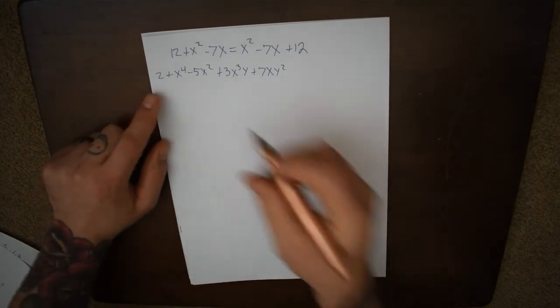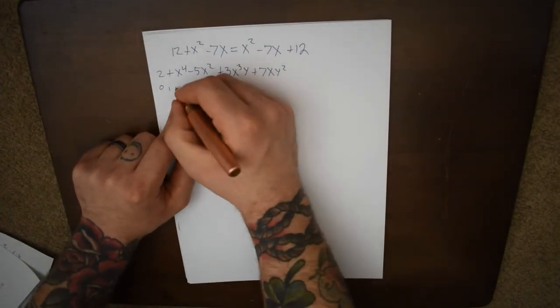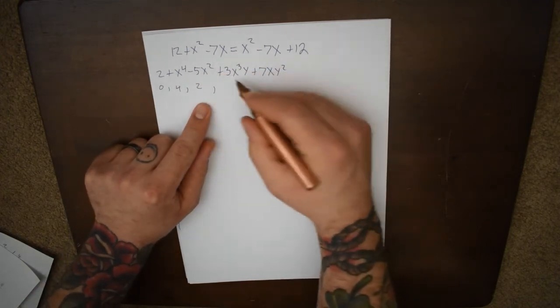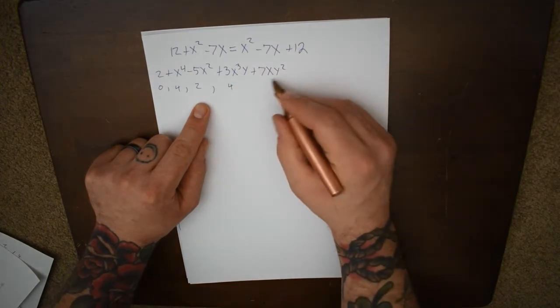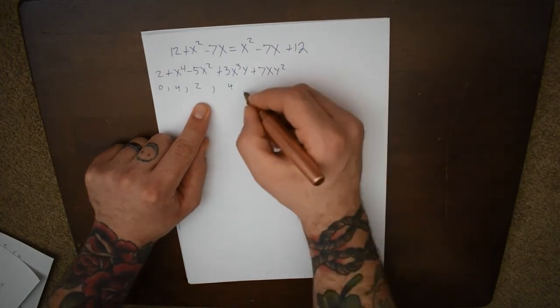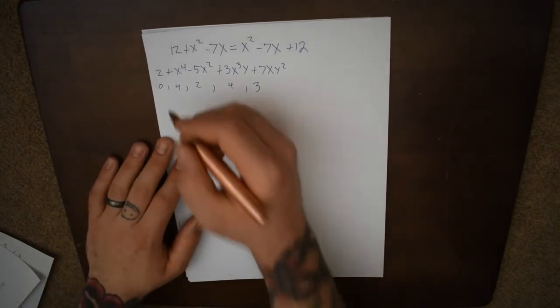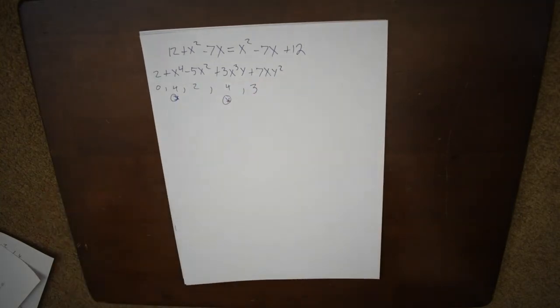Well, let's see, we have degree 0, we have degree 4, we have degree 2, we have degree 3 plus 1 is 4, and then we have degree 1 plus 2, which is 3. So the last step is to rewrite all of these terms with their degrees in descending order. Notice how we've got two terms with degree 4.